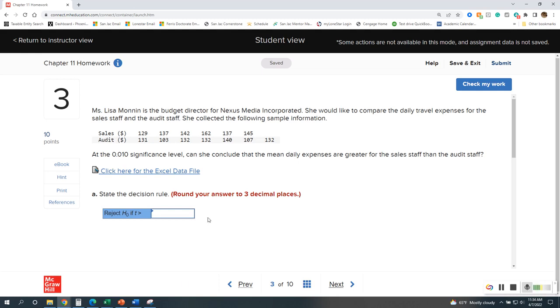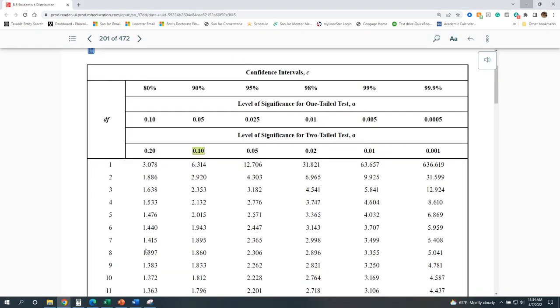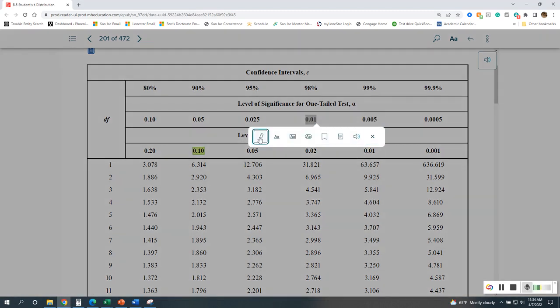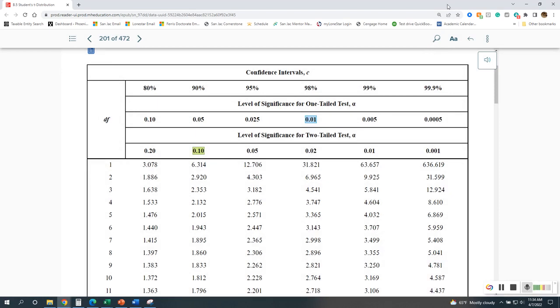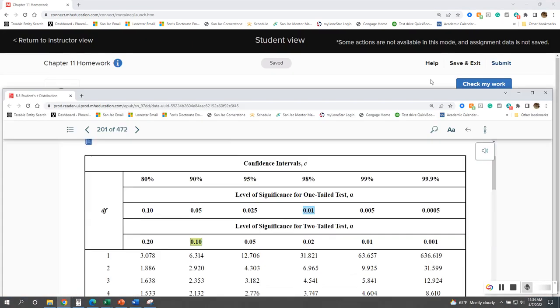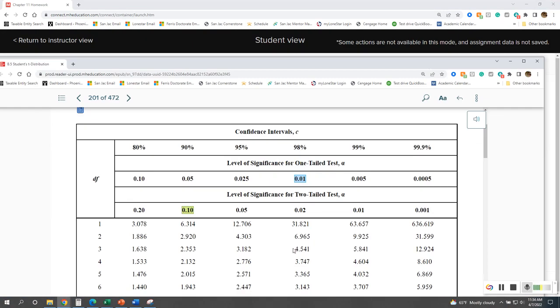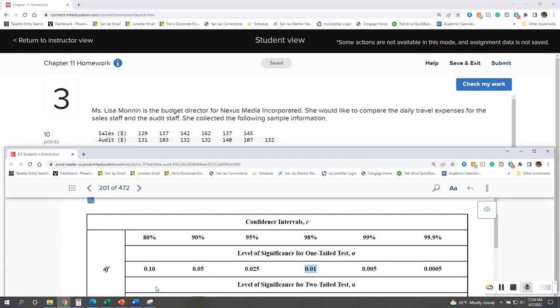So this 0.01 significance level, we would go to our table, find our table, and we're looking at one tail. Put that in blue. Okay. So this is the column we're going to deal with, which is the fourth column. We got to find our degrees of freedom.